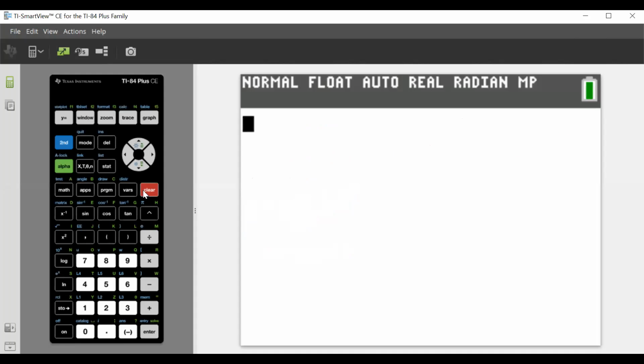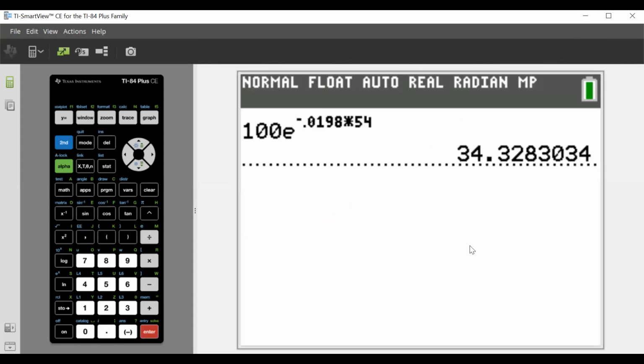All right, so we have 100 e to the negative 0.0198 times 54, and that gives us 34.33. We'll call it 34.